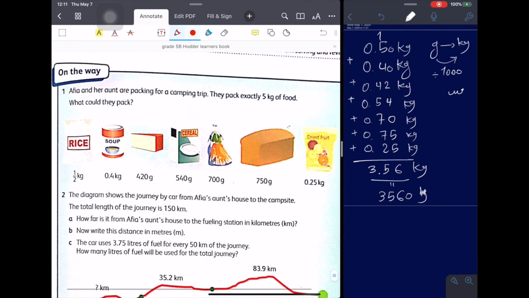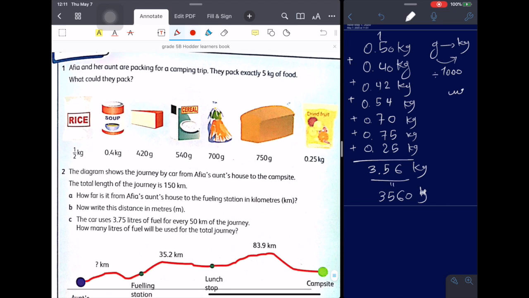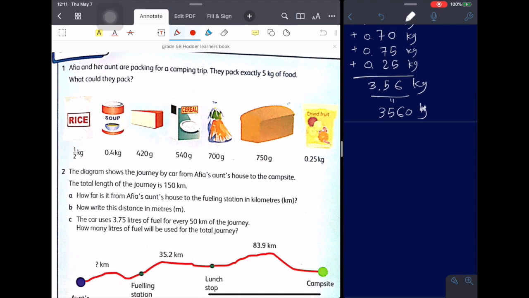But the weight limit was 5 kilograms of food. So let's see how much extra is left for us to pack some extra things. 5 kilograms is 5,000 grams, minus 3,560. 0 minus 0, 0. 0 minus 6, you cannot, so you should ask for help.